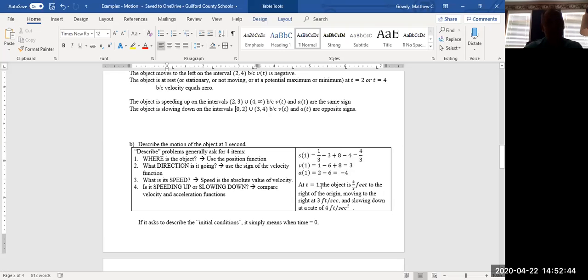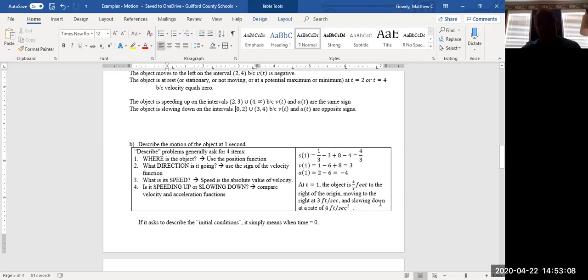So at t = 1 or at 1 second, the object is 4/3 feet to the right of the origin. It is moving to the right because velocity is positive. At 3, there's its speed, feet per second. And it is slowing down because velocity and acceleration are opposite signs.